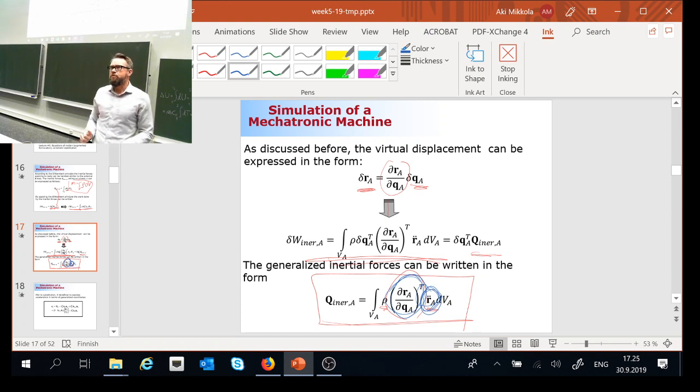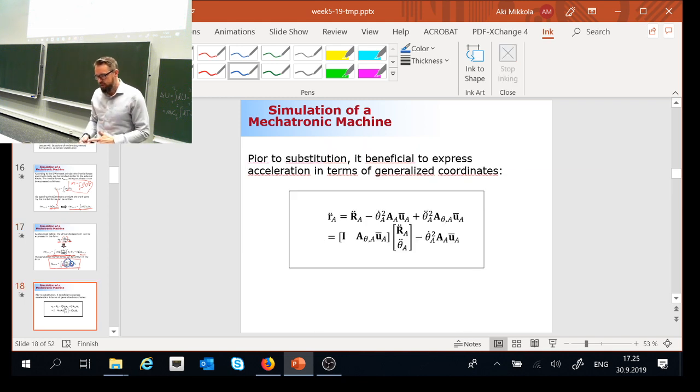Prior to that substitution, I wanted to express my acceleration in a slightly modified way. My original way to express my acceleration is the one that is shown here. This is what we looked at 3 weeks back.